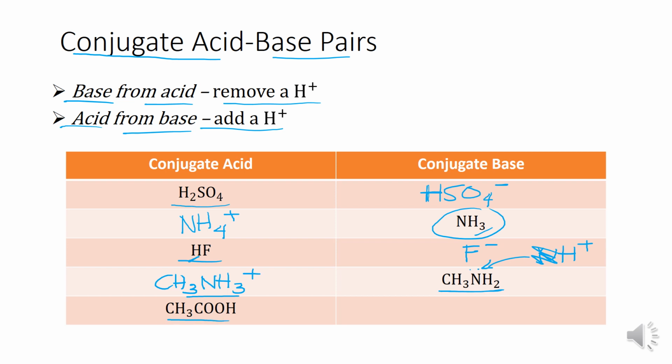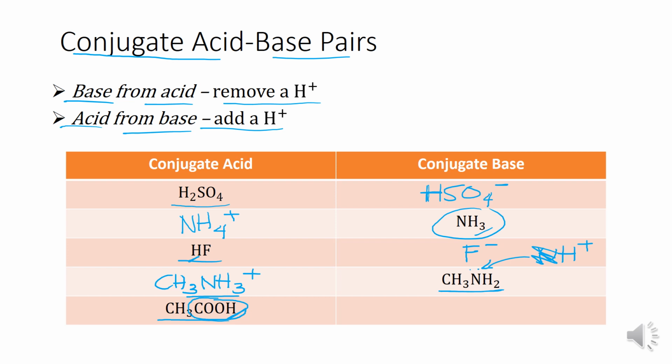Finally, we have acetic acid. Remember, in acetic acid, this COOH group is what we call the carboxylic acid group. In a carboxylic acid group, this hydrogen will be given away to water.